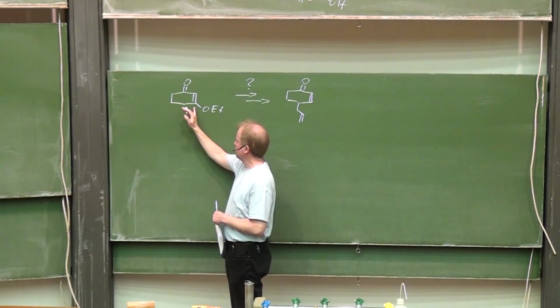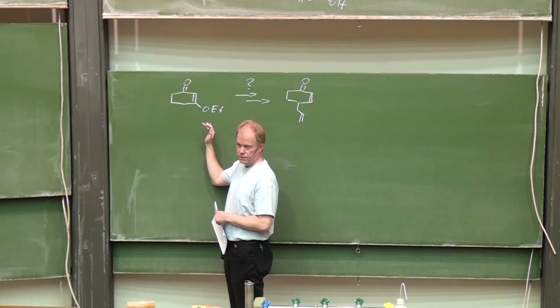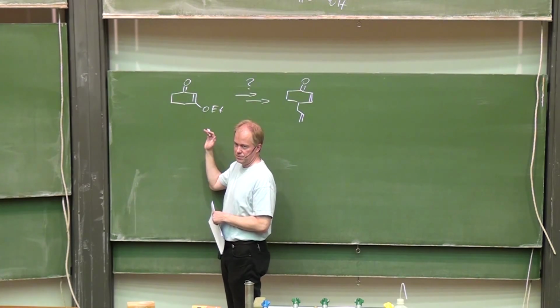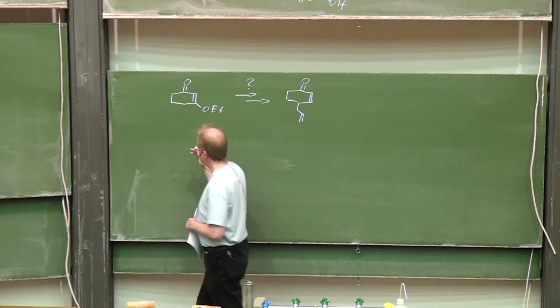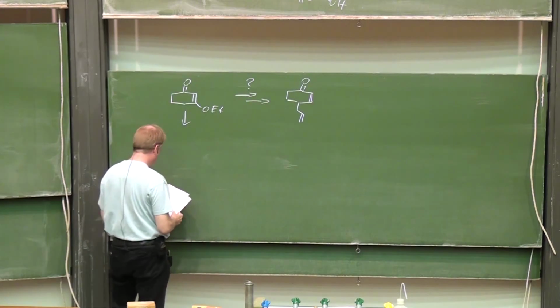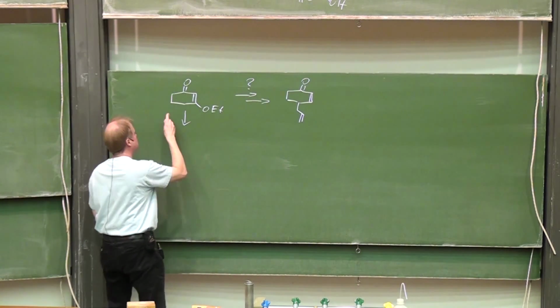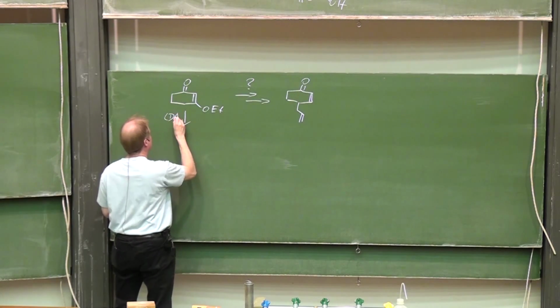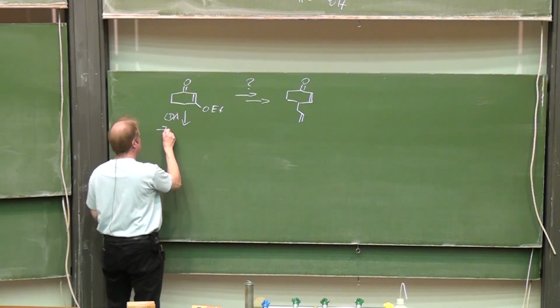However, then it's the question, how can we get rid of the methoxy group? This would be a problem. But we can use a trick. So the solution to the problem is, the first step is LDA, deprotonating with LDA, again usually in THF at minus 78 degrees.